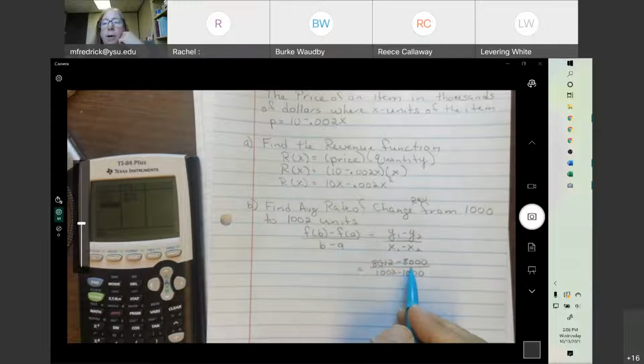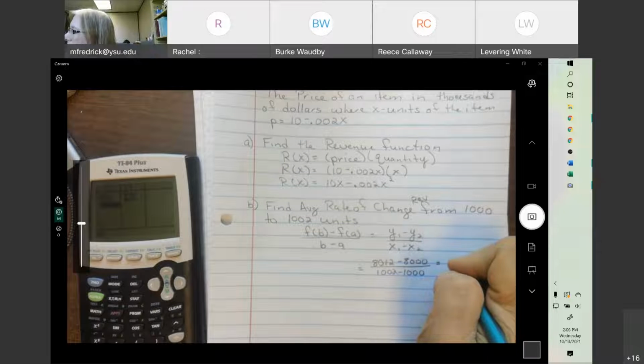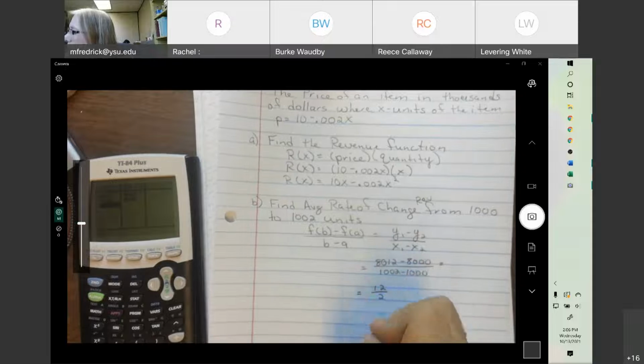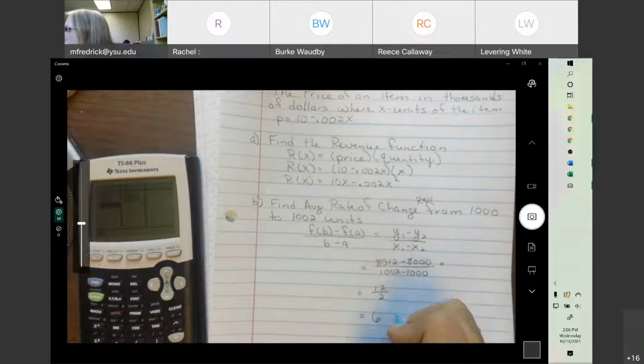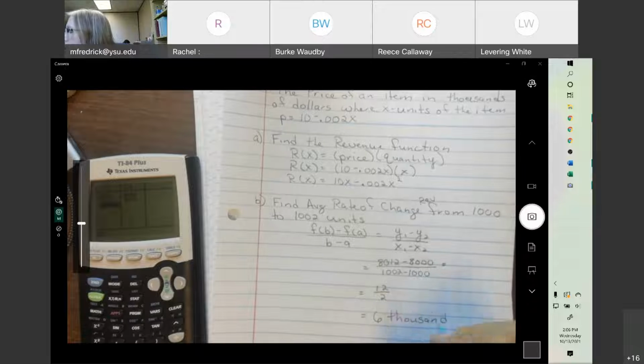So we subtract our y's and subtract our x's and get 12 over 2, which is $6,000.